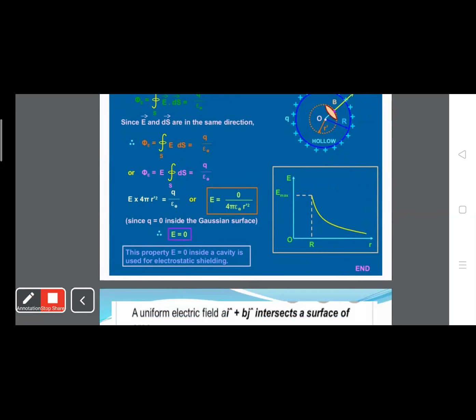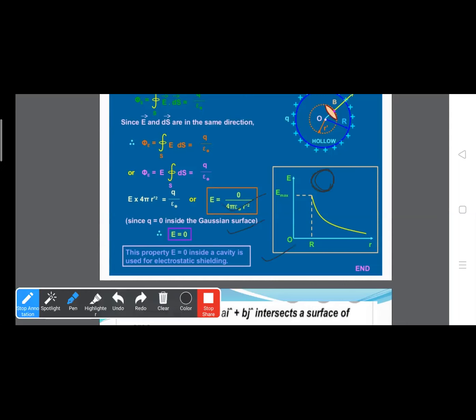Clear? Okay, this is the graph of the electric field at a point lying on the surface of the charged sphere. From the graph, we find that the electric field is maximum at the surface, and when we go inside the surface, the electric field decreases.